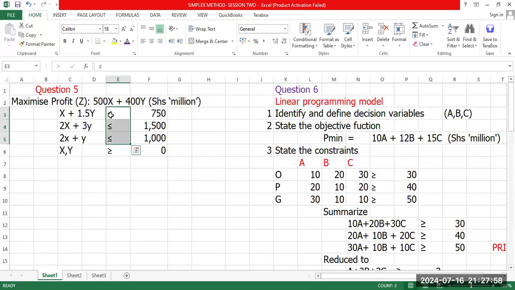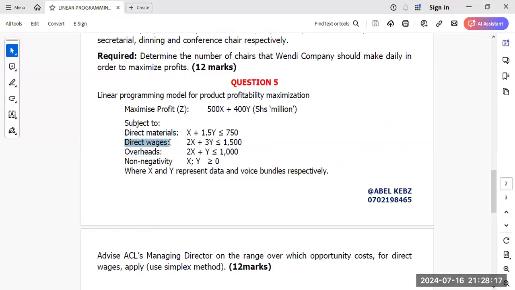Remember, everywhere you have inequality, it is subjected to a certain item. The item you have here is direct material. The second one is direct wages. When you check this side, you have direct materials, you have direct wages, you have overheads.